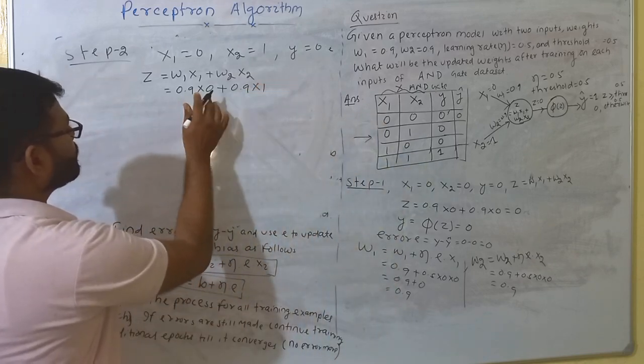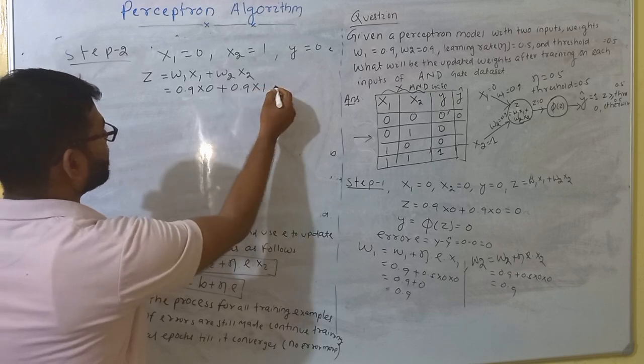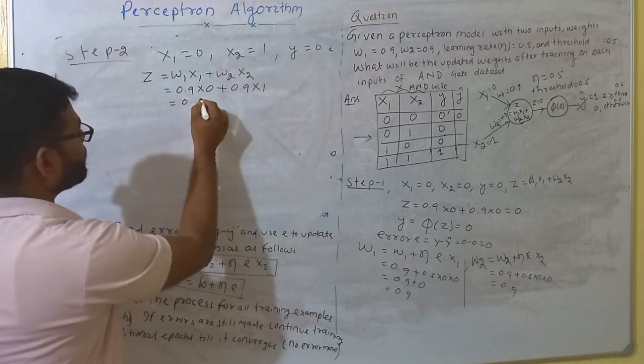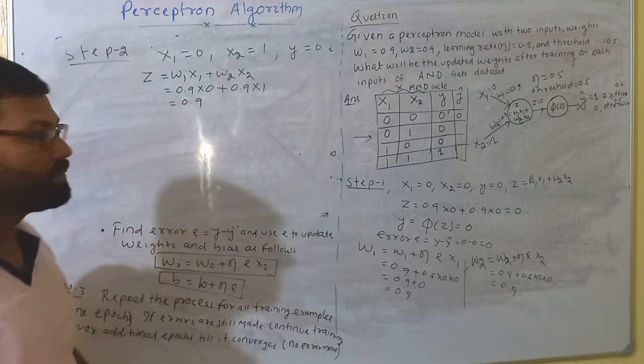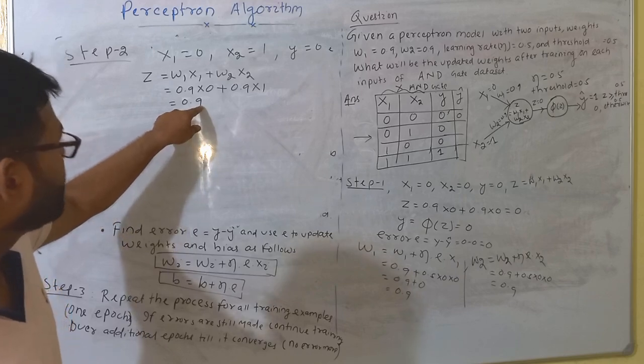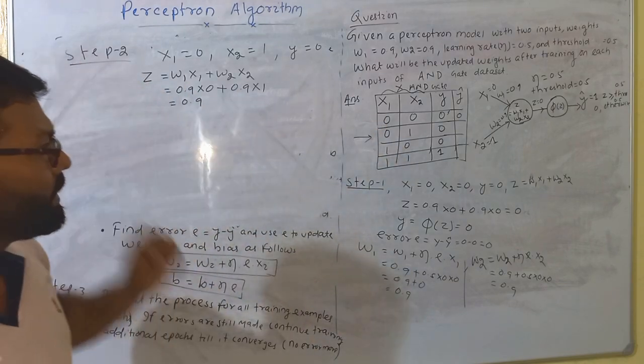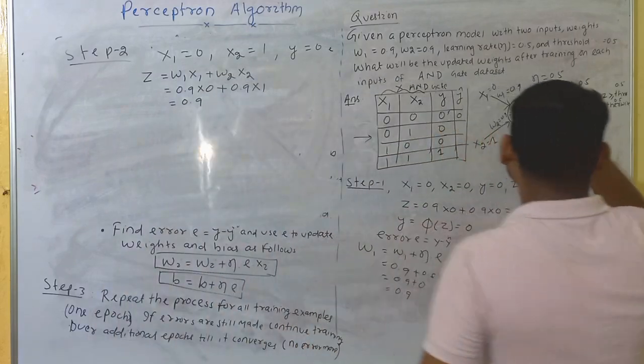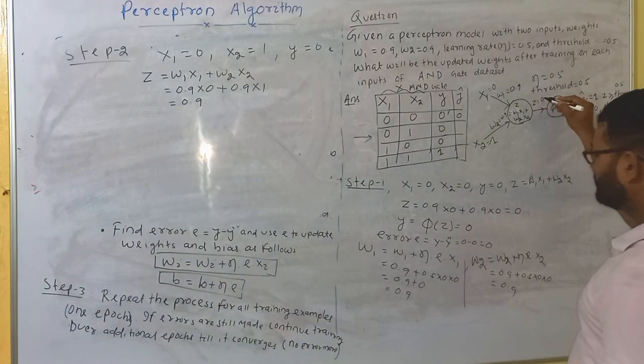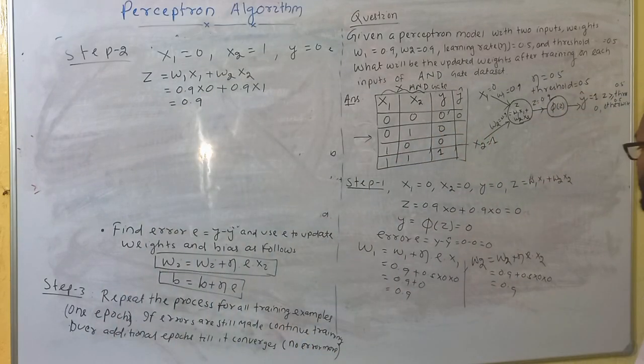So what is my value now? This is 0 plus 0.9, so the final answer is 0.9. I hope you got it. So z equals 0.9 for the second case.